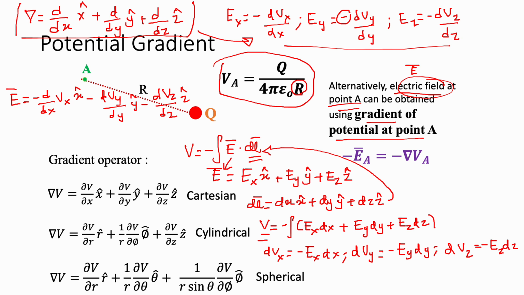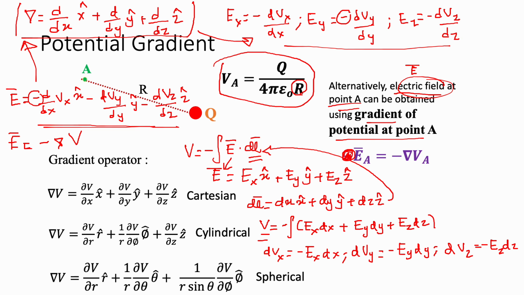Okay, so let's say we want to substitute with this Garrod operator. So we can simplify all of this so that E becomes negative Garrod V. Okay, I think I made a mistake or typo here.